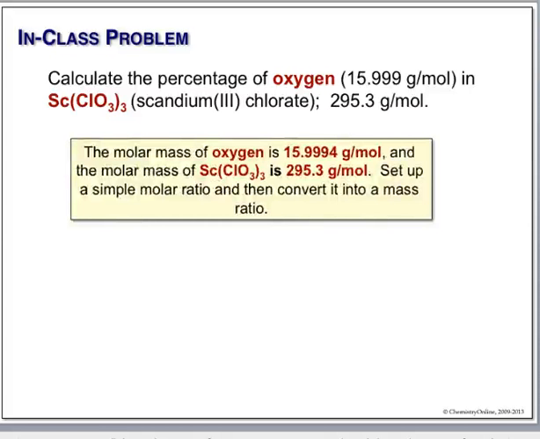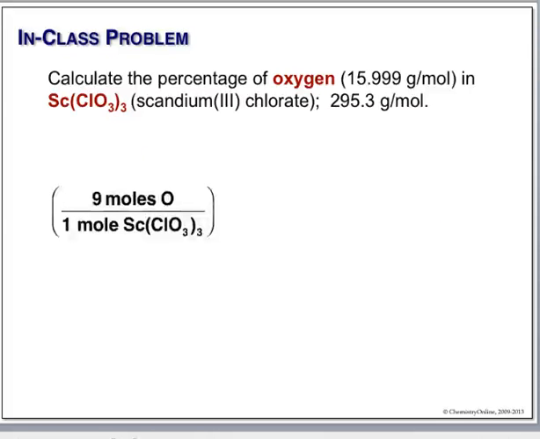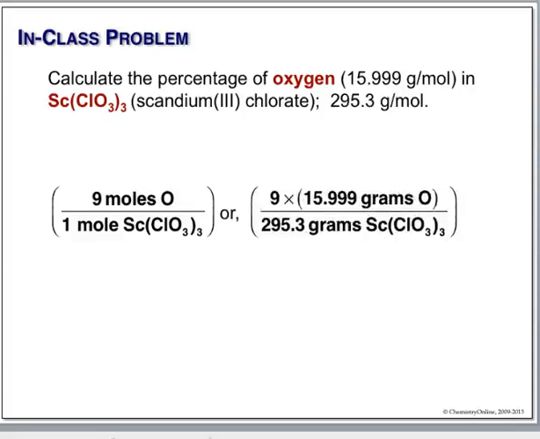This is 9, 3 times 3. 9 oxygens per scandium(III) chloride. So every oxygen weighs 16. 9 times 16, and 295 on our bottom.